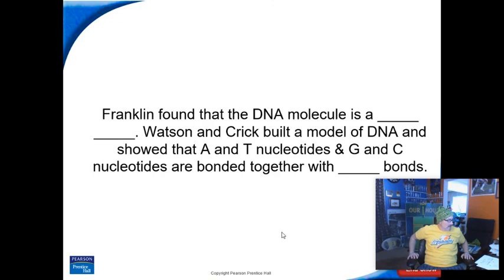And you might want to take a look at number 24. Yeah, so it's called a double helix, which is a twisting three-dimensional ladder. And the nitrogen bases, or the nucleotides, are bonded together with weak hydrogen bonds.